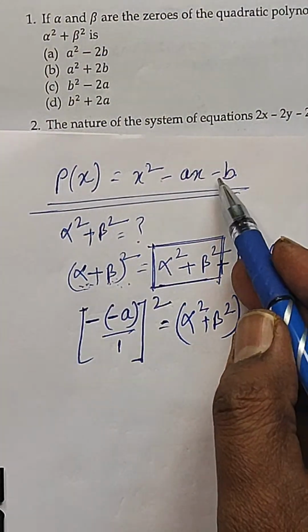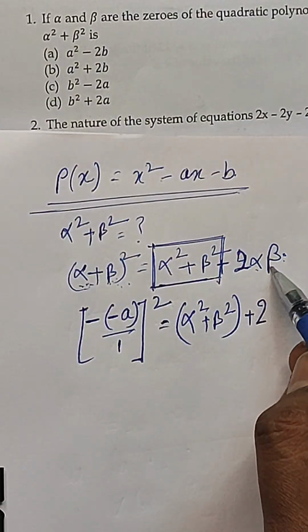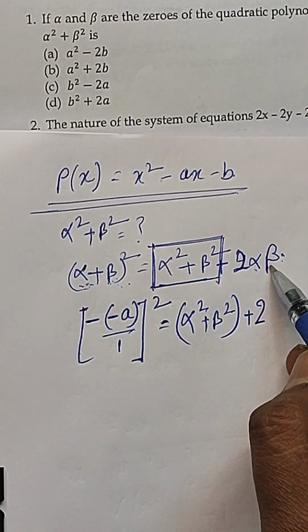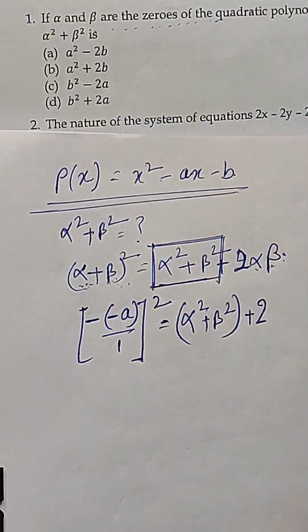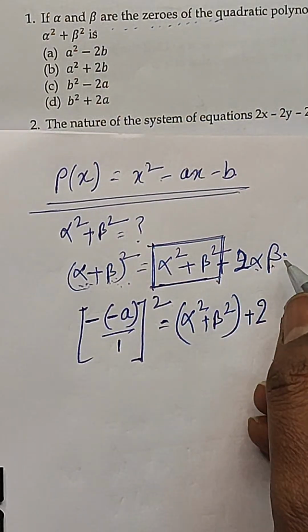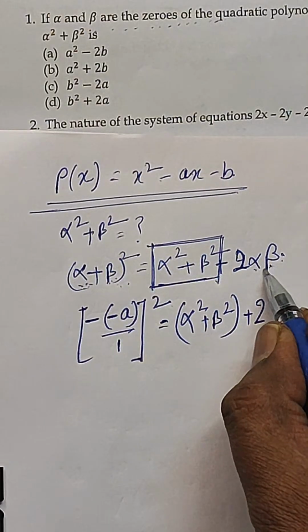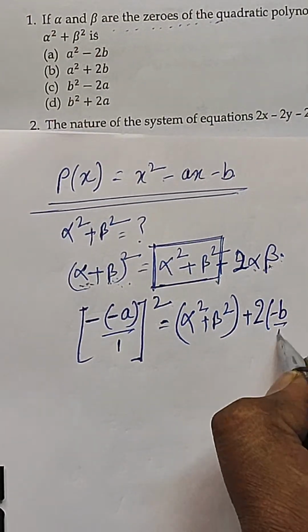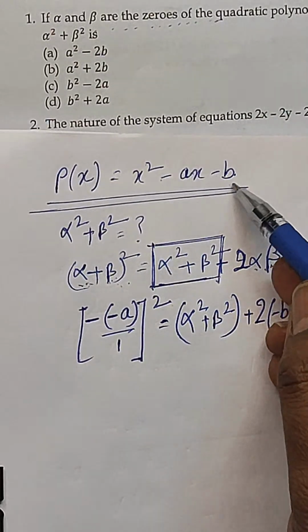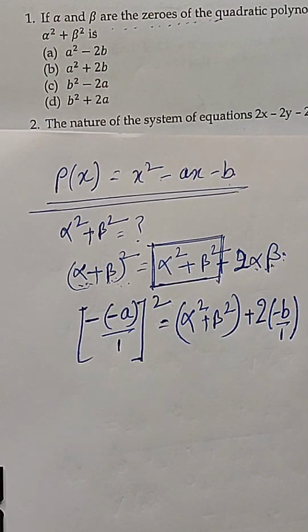Alpha into beta is the product of the roots, because it's given that alpha and beta are the zeros of the quadratic polynomial. So it will be c by a, that means 2 into minus b by 1, right? Because in place of c it's minus b.